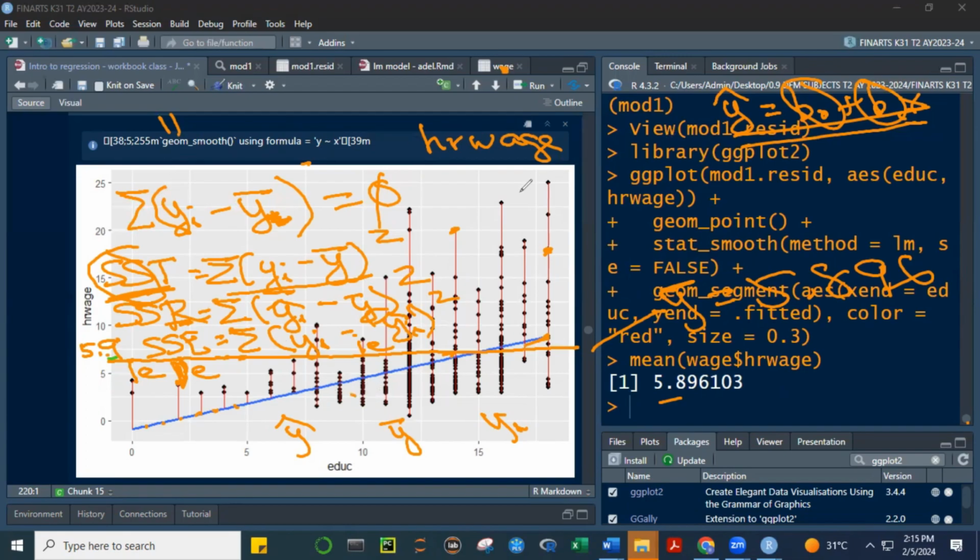Kung i-minus mo, class, yung actual minus the predicted, yung nasa blue line, itong height na yan, residual yan. Error yan. Kasi mali yung pag-predict natin eh, versus the observed value.